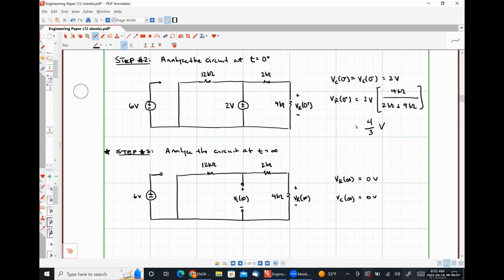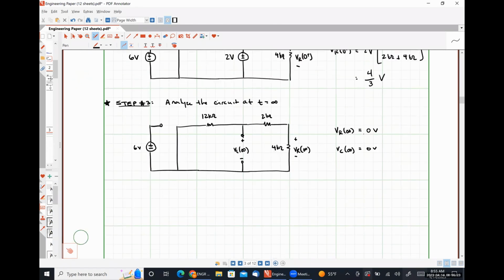So much like I described verbally earlier, at this point in time, all of the energy that was stored by the capacitor in this case has been transferred to the resistor. And so there can't be any voltages or currents in our system because that would imply that there's still electrical energy left in our system. Right?